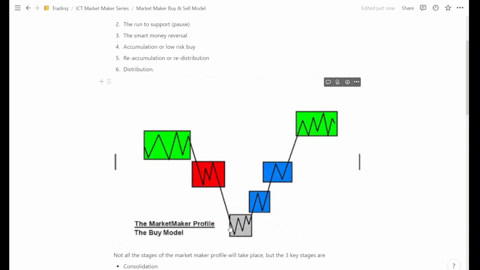If we have two closely related pairs, maybe EU and GU, if EU makes a higher low, GU would make a lower low. I hope that is clear. So if EU and GU are trading at this level, one of them will make a higher low, the other will make a lower low. That gives you the SMT divergence.